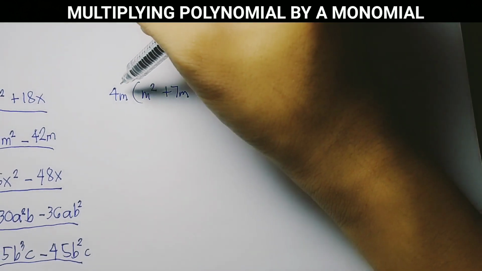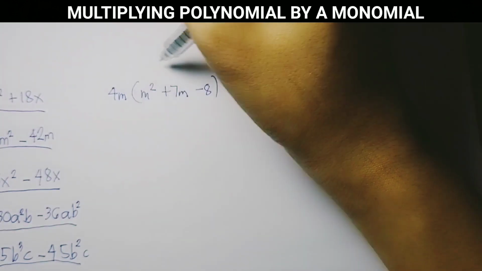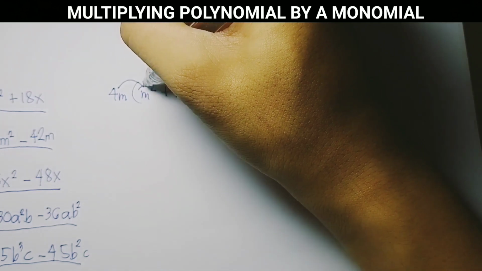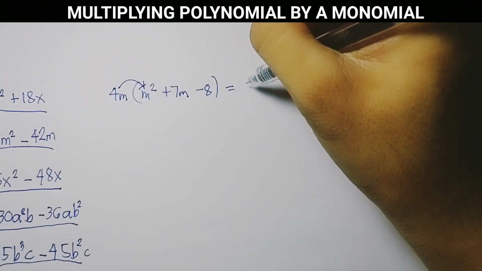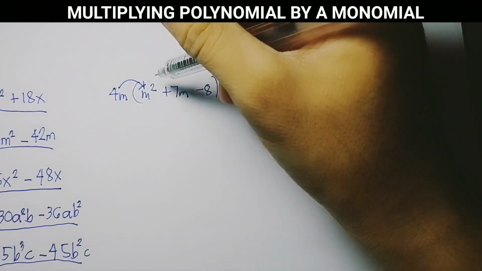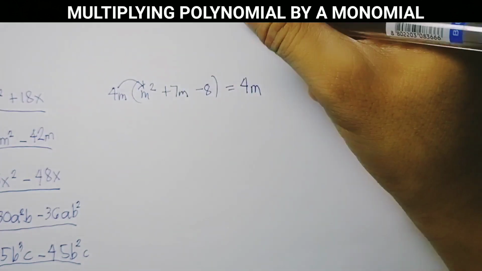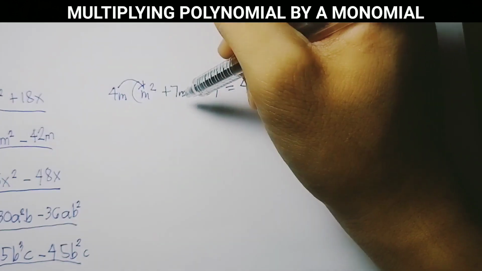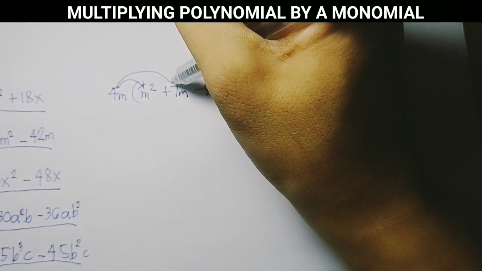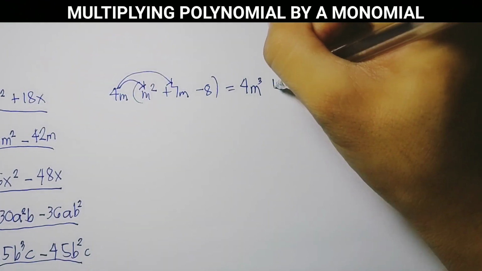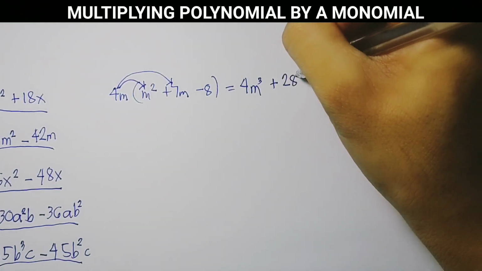So, i-distribute nato ang kining monomial sa tanan terms dinhi. So, magsugod ta sa m squared. 4m times m squared. So, that is 4m. Unya, ang iyang exponent 1 plus 2, that is 3. So, 4m cube. O, nahuman ta diri. Diri na punta sa ikaduha. So, 4m times 7m, that is, diba, positive 28m.